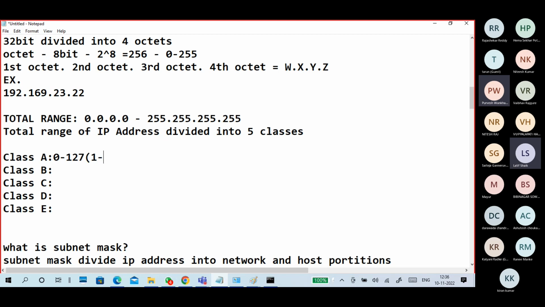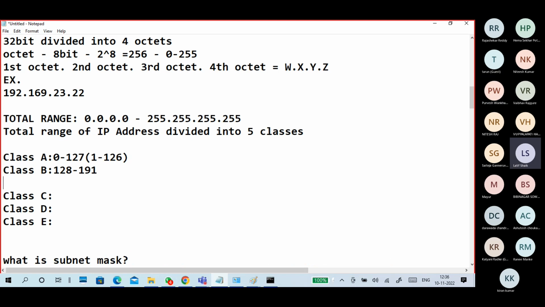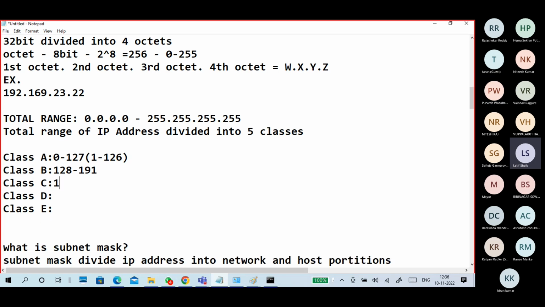Some textbooks say 1 to 126. So 0 to 127, right? Now Class B is 128 to 191. Very good. Keep telling. Class C is 192 to 223. Class D is 224 to 239. Class E is 240 to 255. Very good.